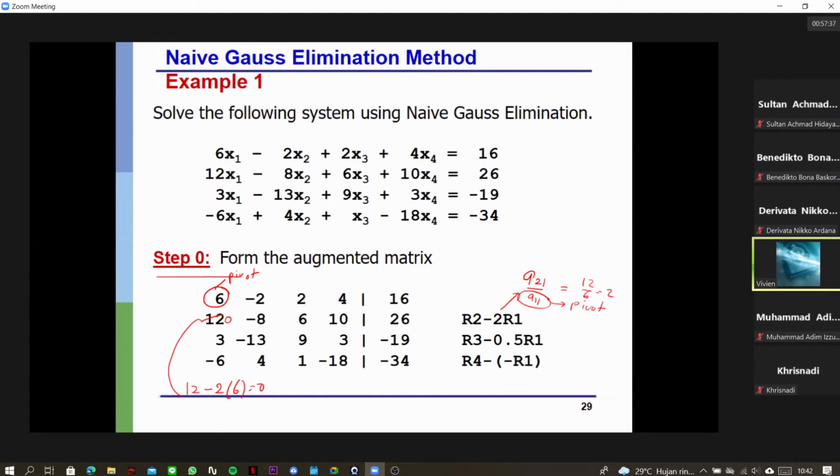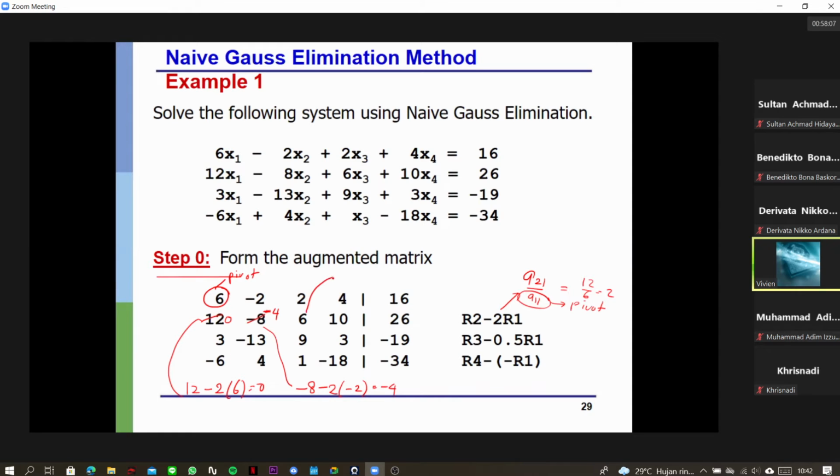When we do the subtraction of the equation, all of the coefficients will be subtracted as well. So we continue with the second value: minus 8 minus minus 2 times 2, so minus 8 plus 4 will be minus 4.